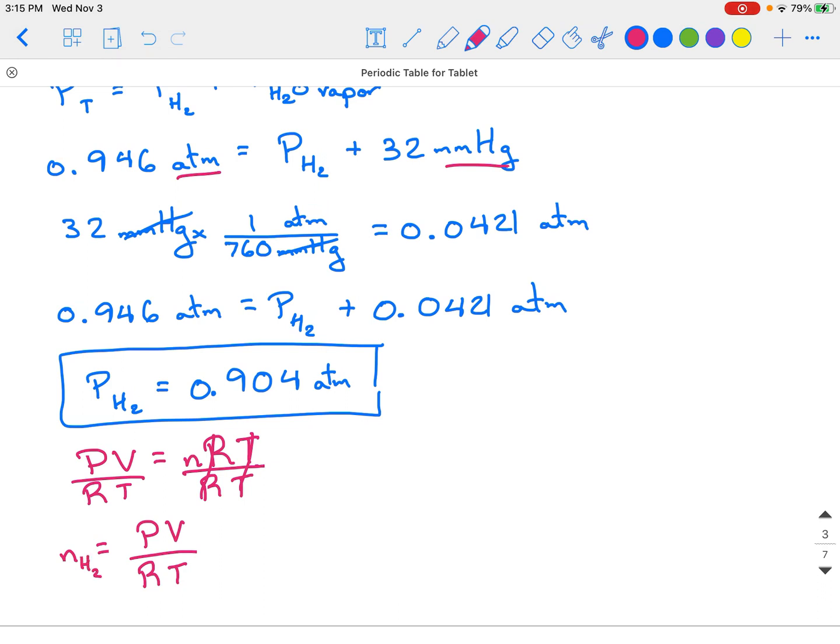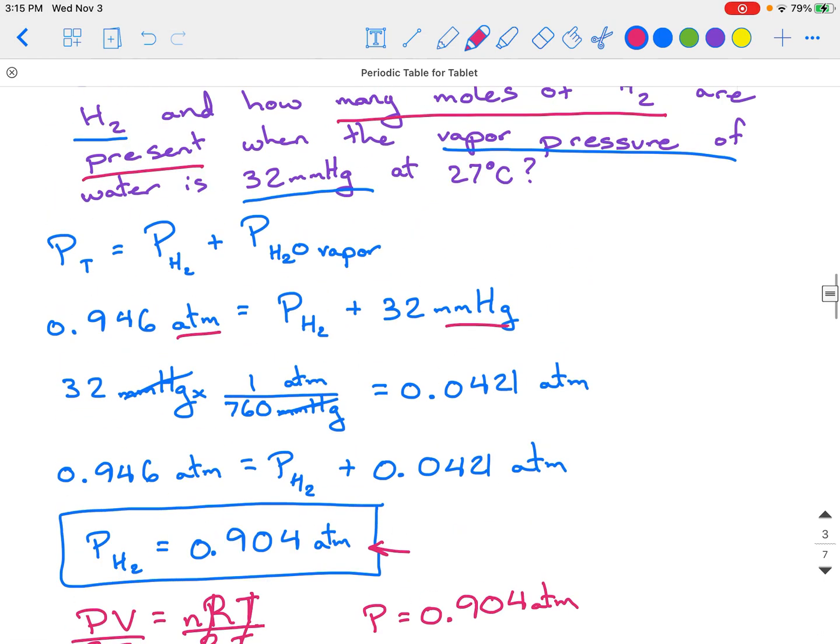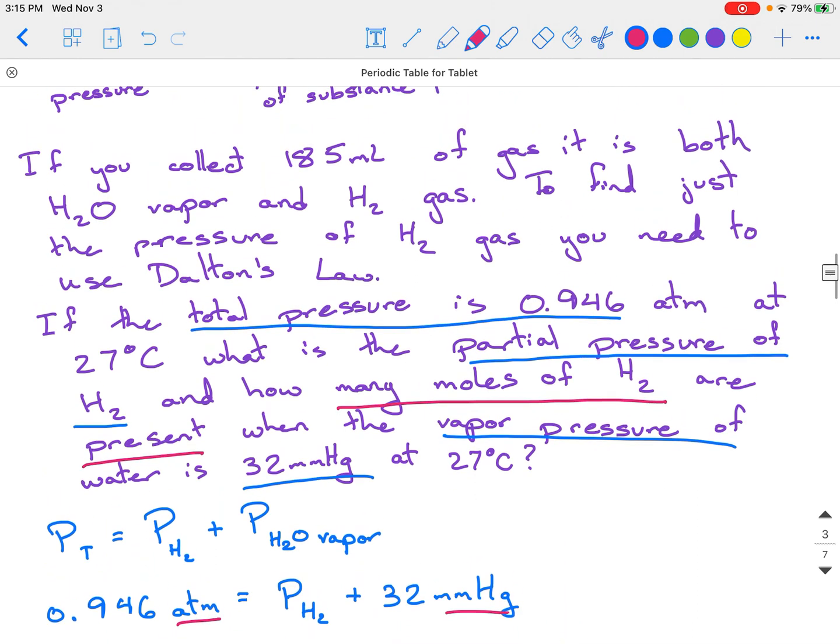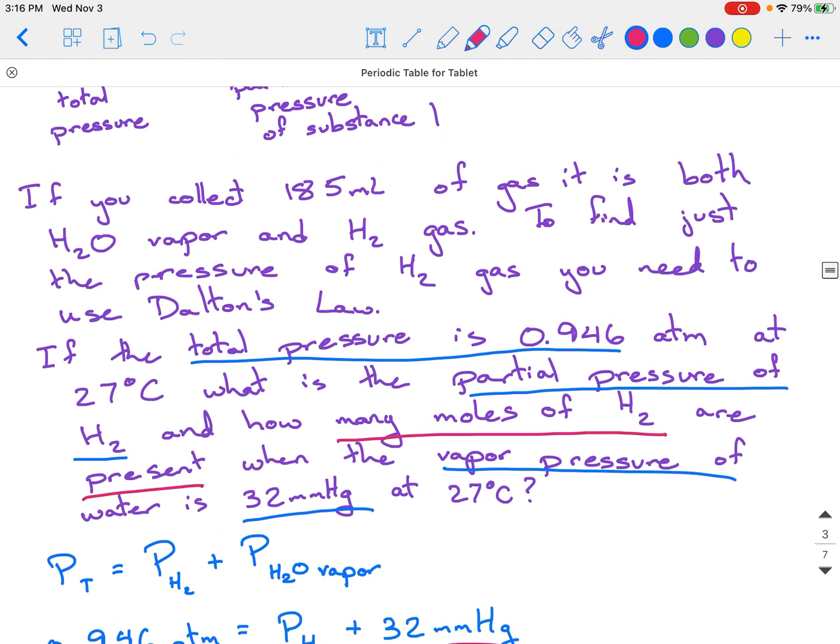Well, what variables do we have? We just want the moles of H2, so we want the partial pressure of H2. So our pressure here is going to be that 0.904 atmospheres because we're just interested in the hydrogen gas. The volume. Let's look back up at our problem and see if it gives us volume. It sure does. Up here you can see 185 milliliters. Now you might be thinking, wait, but that's the whole space up there and it's being shared.